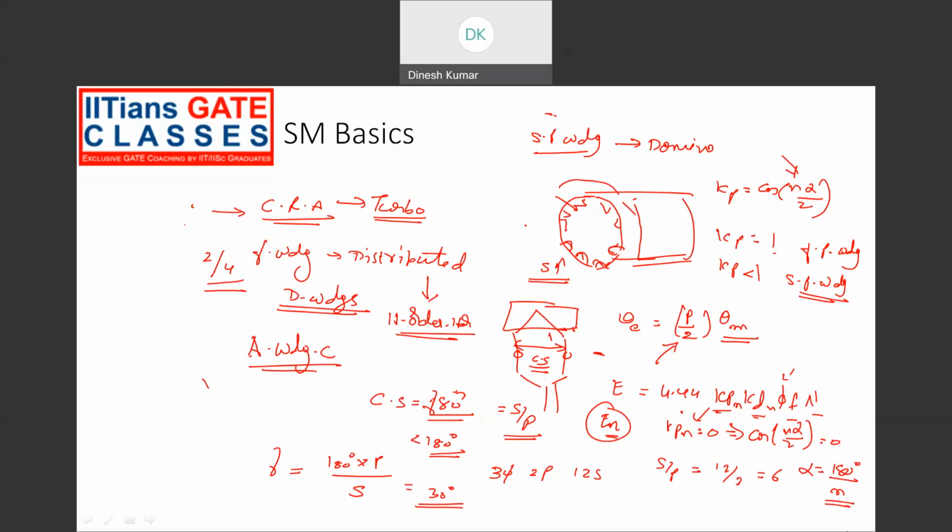If you construct the machine in such a way that alpha equal to 180 degrees by n, we can eliminate the nth harmonic from the induced EMF expression.